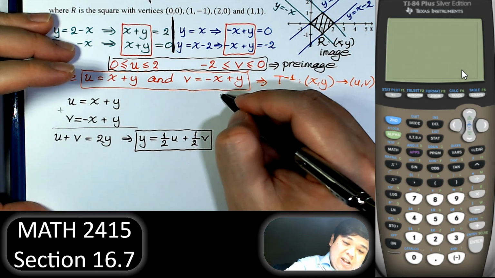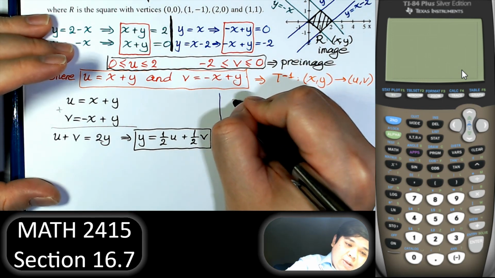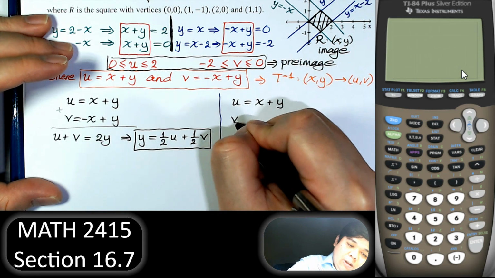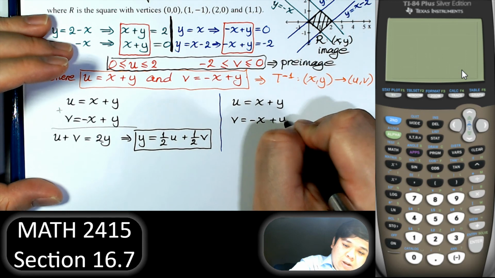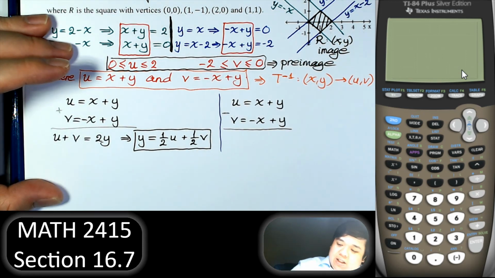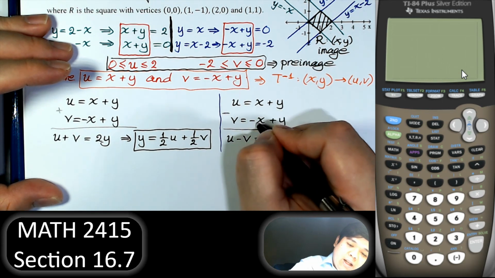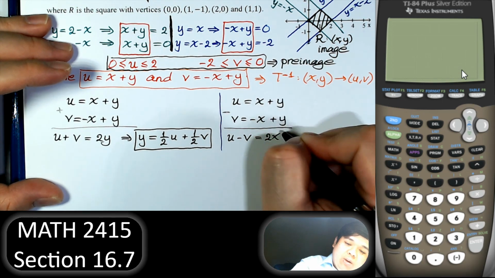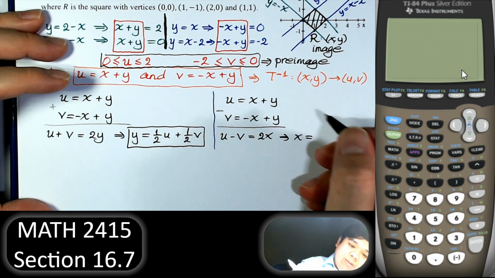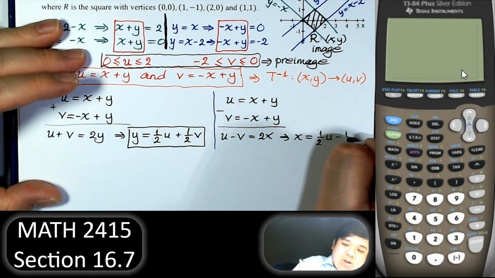Similarly, if instead we subtract, x minus minus x, that's 2x, and y minus y cancels out. So we solve for x, divided by 2, 1/2 u minus 1/2 v.